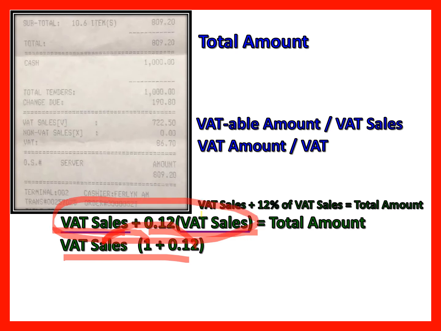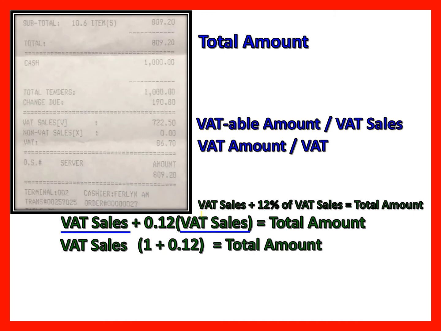But the purpose of this is to factor out the common factor of VAT sales and to simplify our formula. So let us remove these writings. From here, we can just bring down the other member of the equation, the total amount.